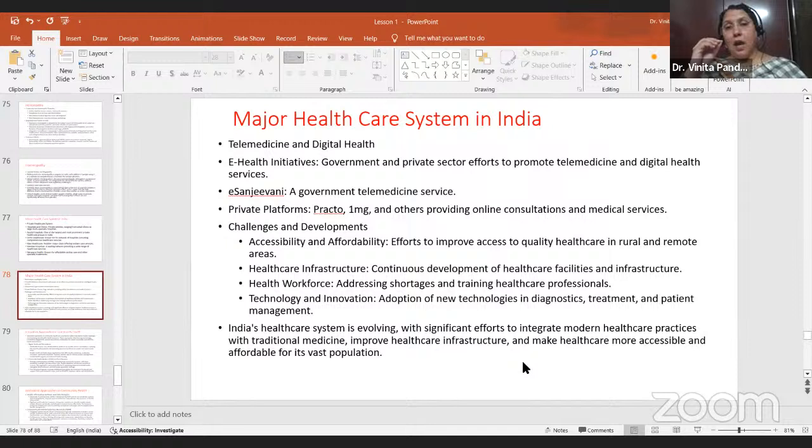And when you talk about the Arogya Setu app, you remember we all were asked to download that app and it was giving us the details of everything.